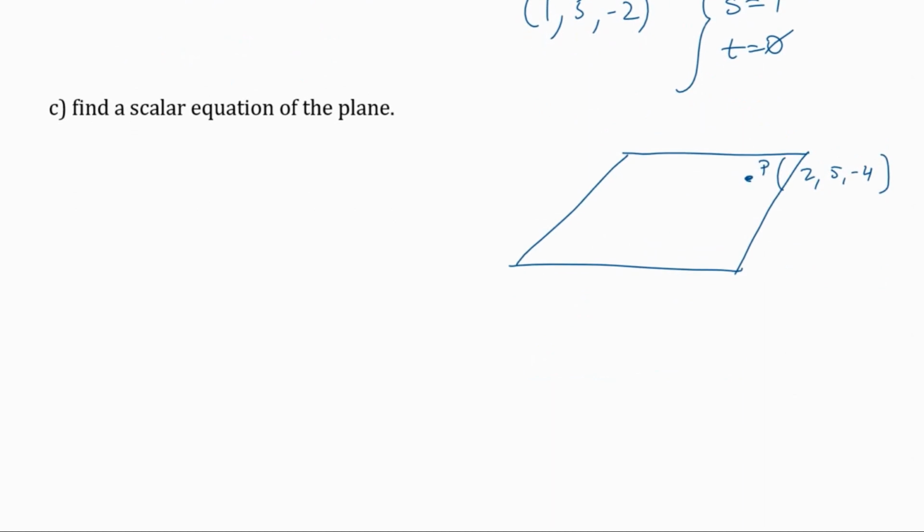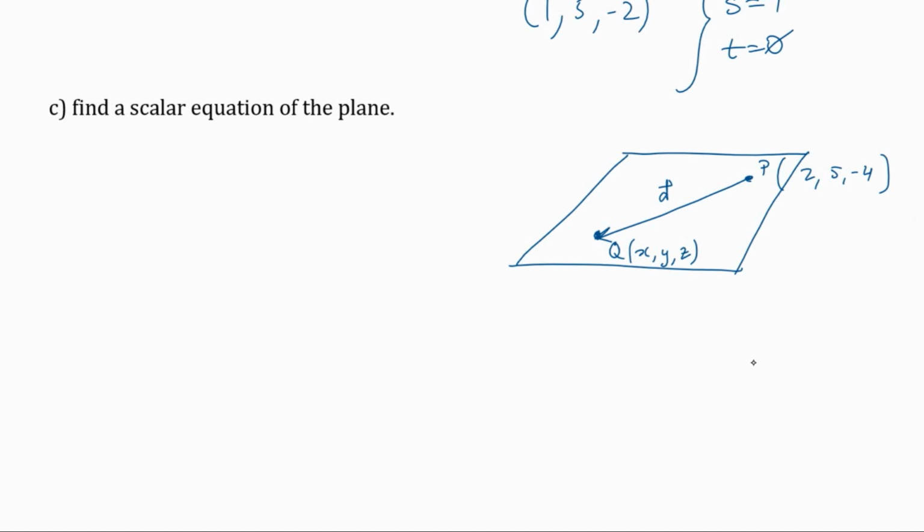And I'm going to consider any other point Q in the plane. So this is a general point, so it's going to be like x, y, z, right? It's going to have x coordinate, y coordinate, z coordinate. And I am going to use that direction vector from P to Q, which is stuff we've talked about, right?